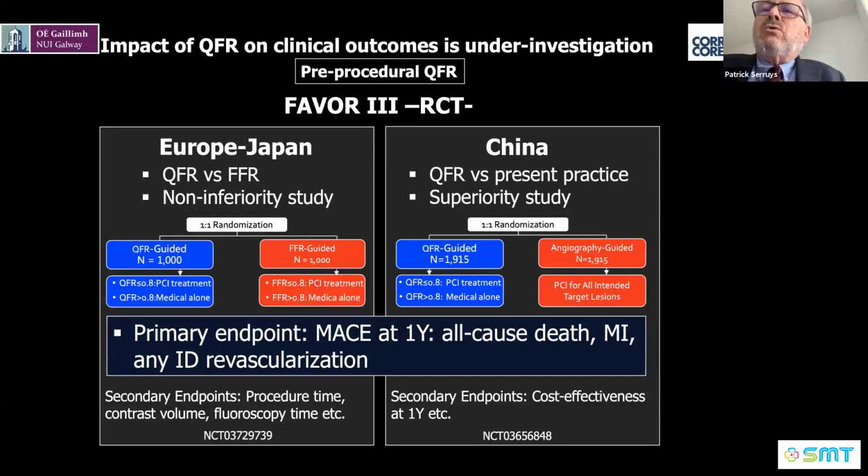In the European-Japan trial, they are looking at QFR versus FFR, what we have done in this meta-analysis, but now it's randomized. And in China, they are looking at QFR versus the current practice, the standard of care. That's a superiority study, and it's also randomized.